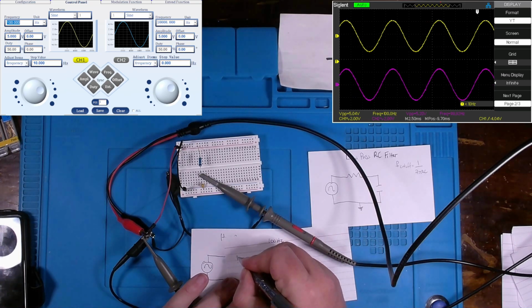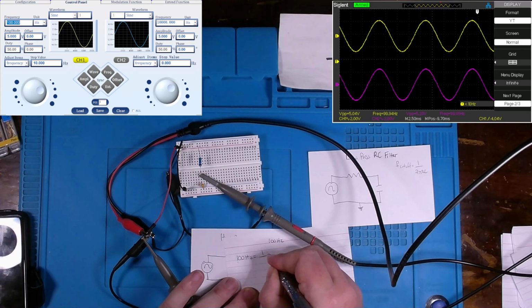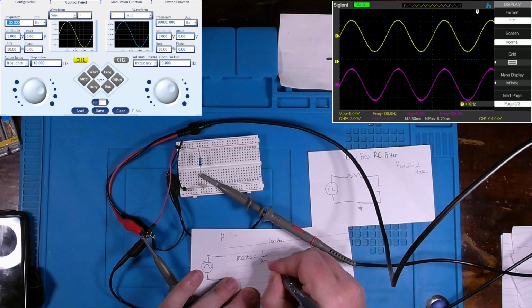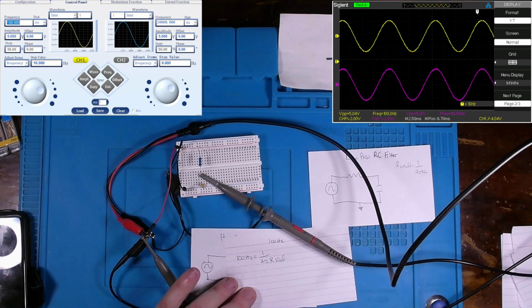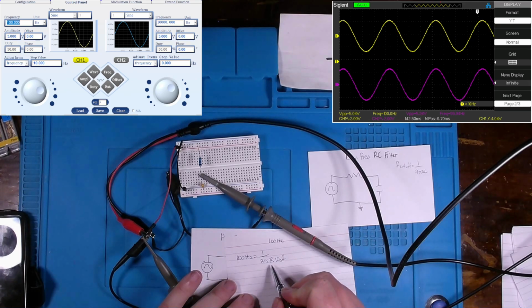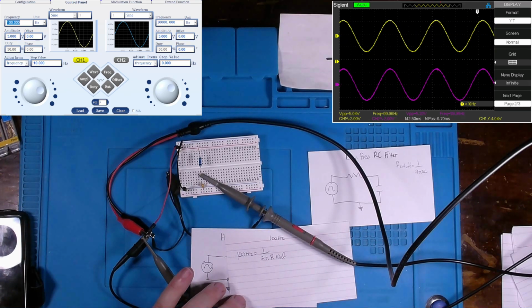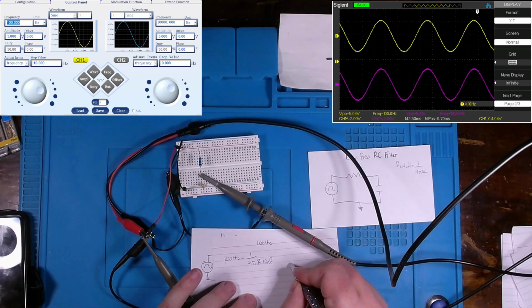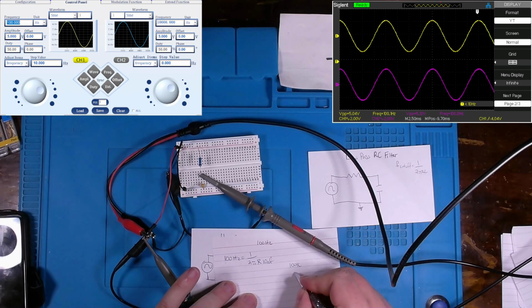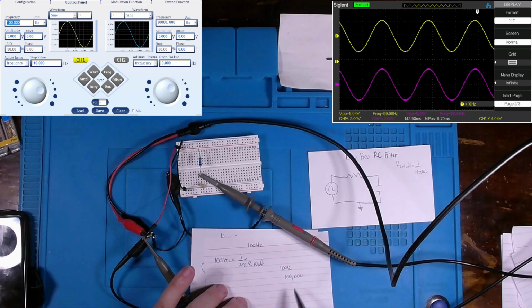Again, I did this already, but I'll just work through it. If I was looking at this formula, 100 hertz equals 1 over 2 pi r 10 nanofarad, and I'd figure out my resistance value. The one I ended up choosing was a 100K resistor, 100,000 ohms of resistance.